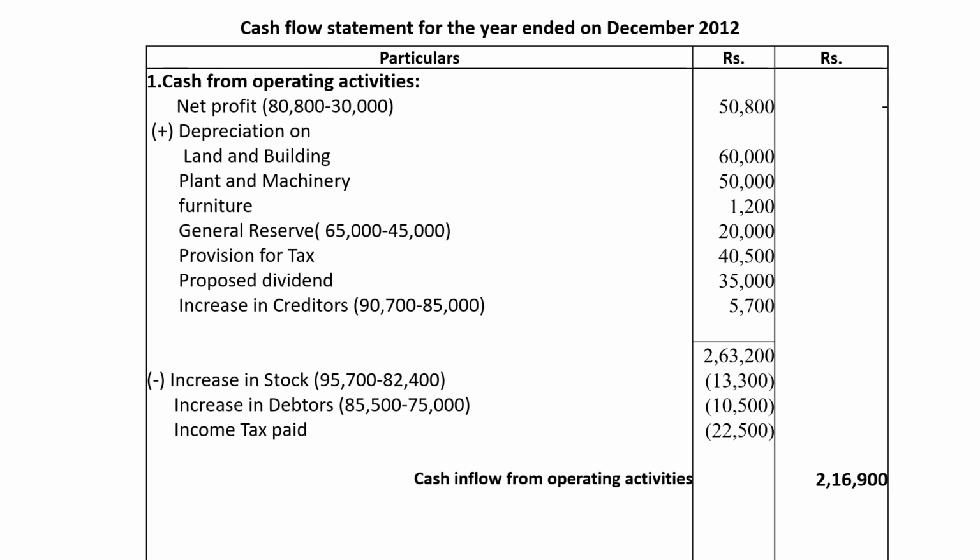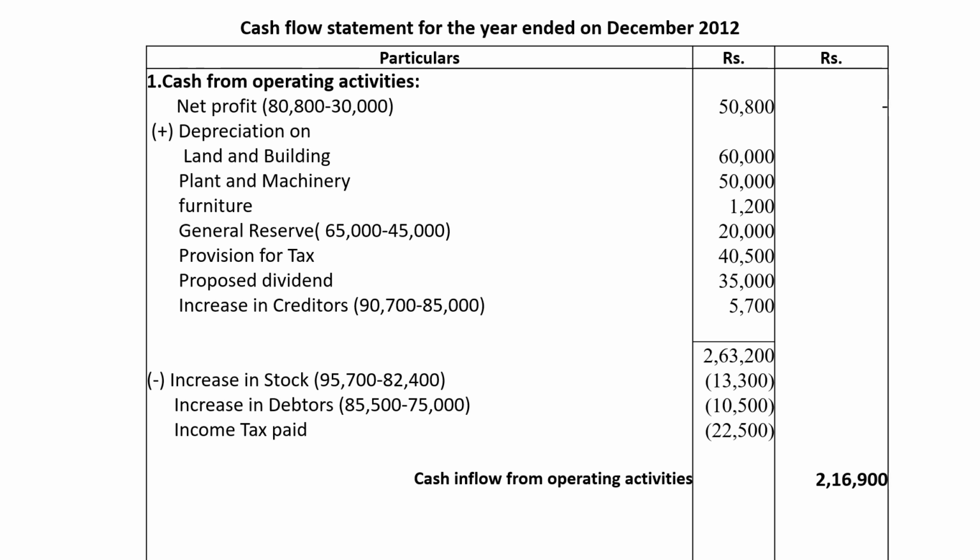Depreciation on land and building 60,000, plant and machinery 50,000, furniture 1,200, general reserve 20,000, provision for tax 40,500, proposed dividend 35,000, increase in creditors 5,700.